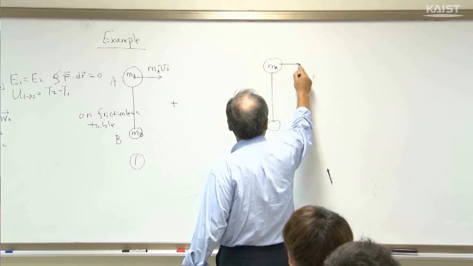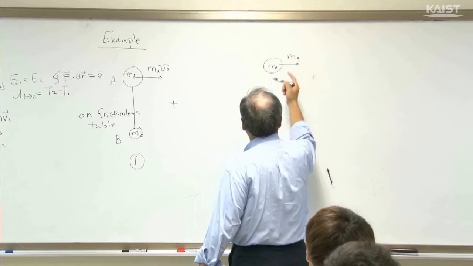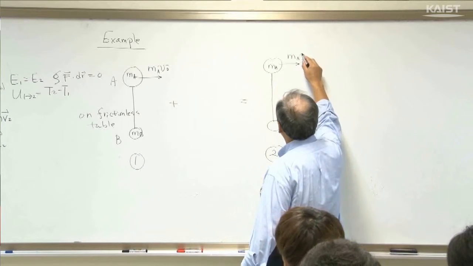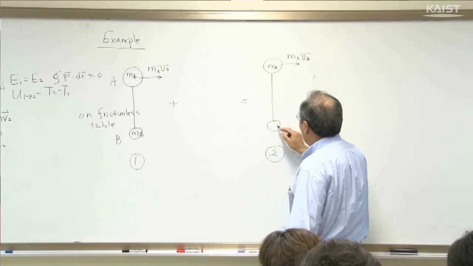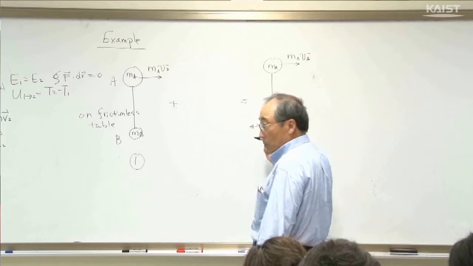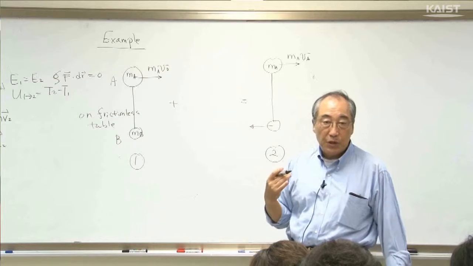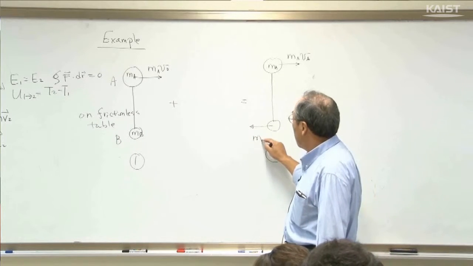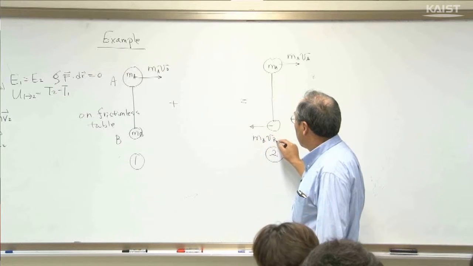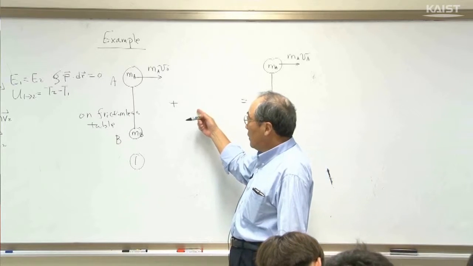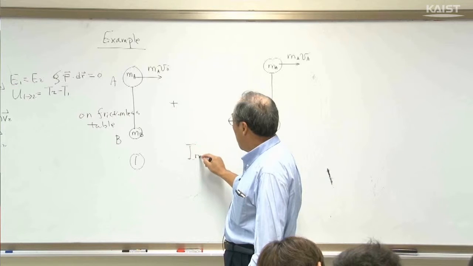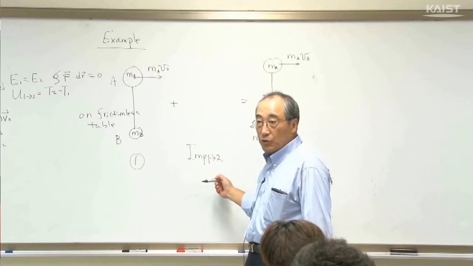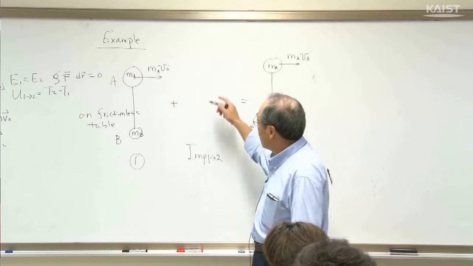Okay, MA. This linear momentum of mass A would be changed. So I call this VA, and this mass would experience linear momentum that I can write MBVB. And here I have to write or draw impulse from state 1 to 2, what it could be.